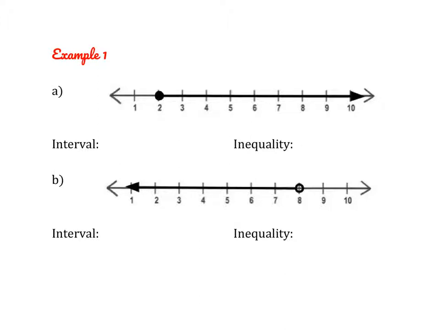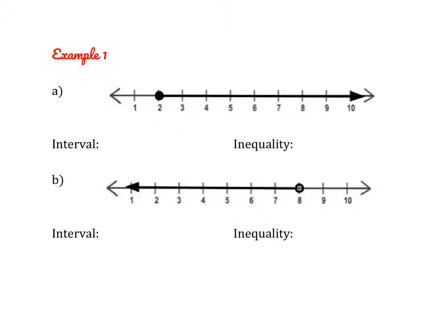Let's start by looking at these first two examples. Here we have a number line, and we'll say these are our x values. The interval we're trying to describe is everything 2 and bigger. Instead of listing out 2 and 3 and 4 and 5 and everything until positive infinity, we can use two different ways, inequalities or intervals.